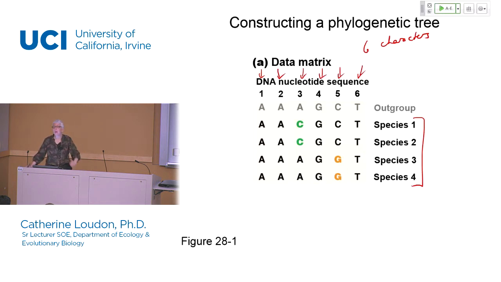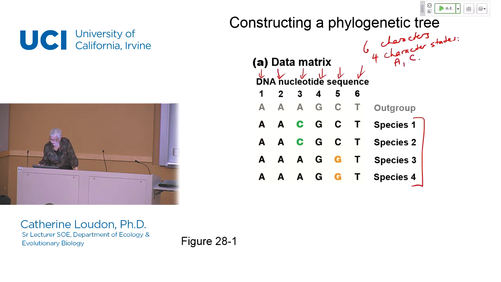They're each informative in their own way. As we look at these characters, we're also considering the character states, the different possible values for these characters, and each one has 4 so-called character states in this particular example.